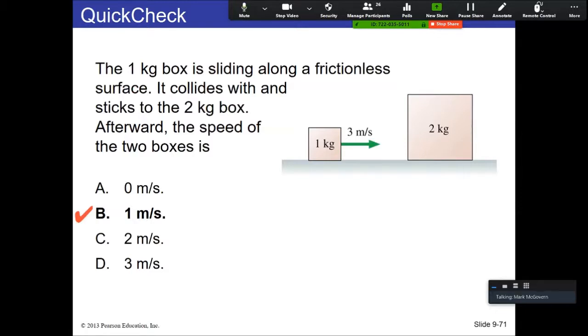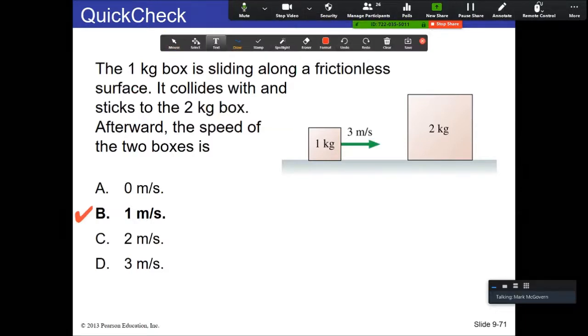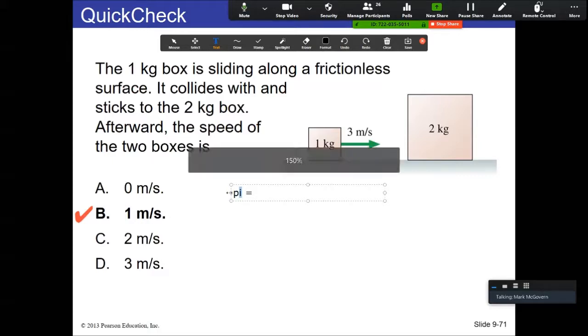So what's happening here is this. If you want to characterize what the system momentum is, the initial momentum of our system. Now there's two objects in our system.